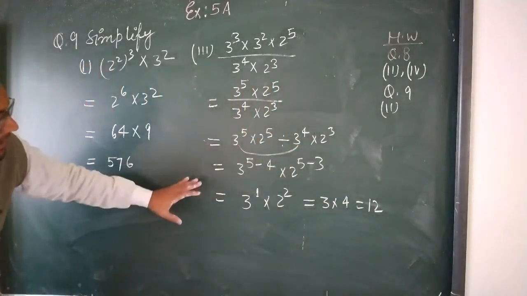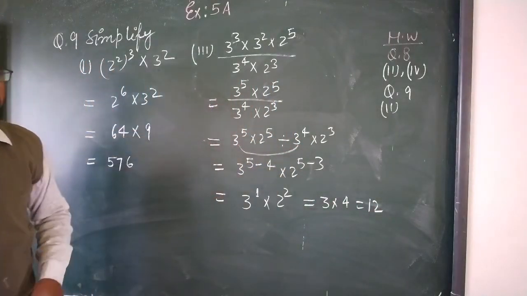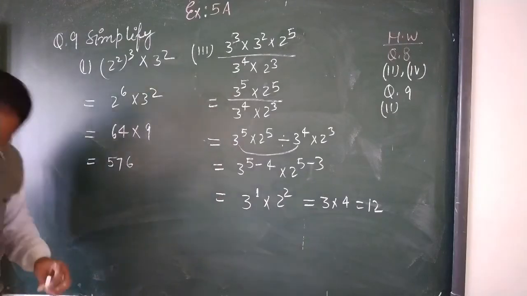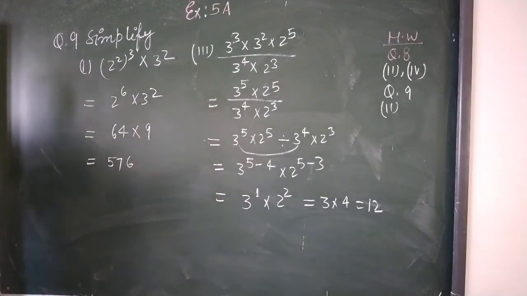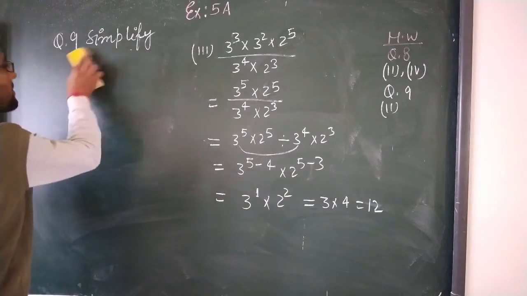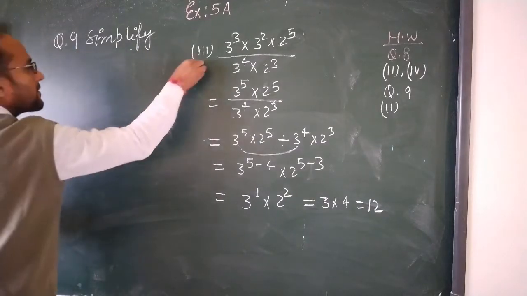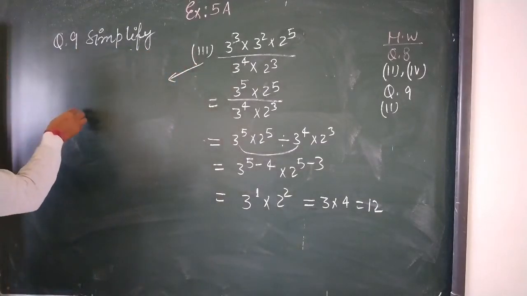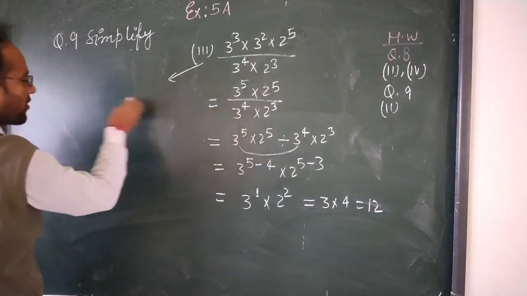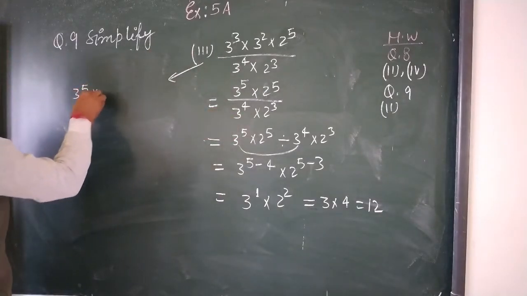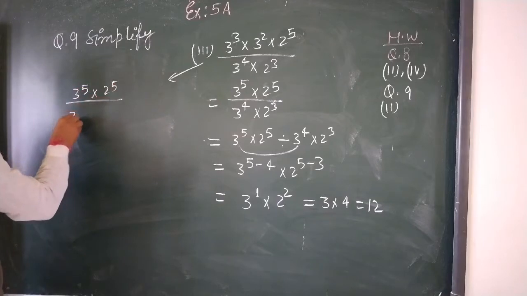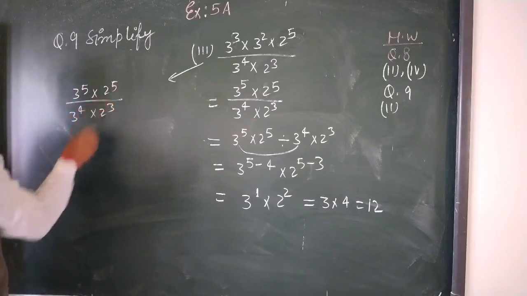This one is by using the index method. If you want, you can do it this simple way also. See this one here. 3 to the power 5 into 2 to the power 5 upon 3 to the power 4 into 2 to the power 3.